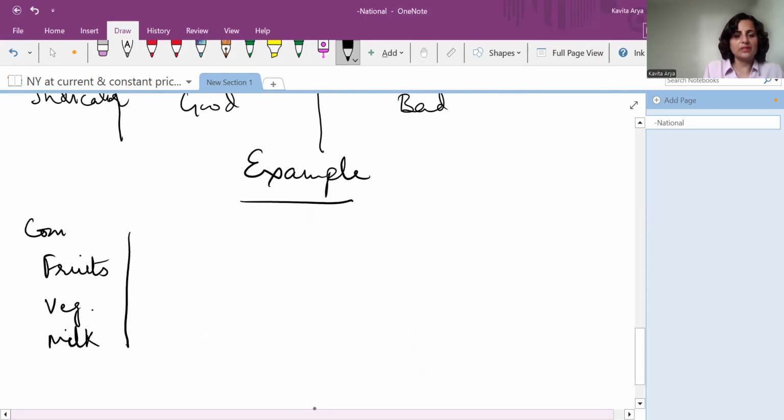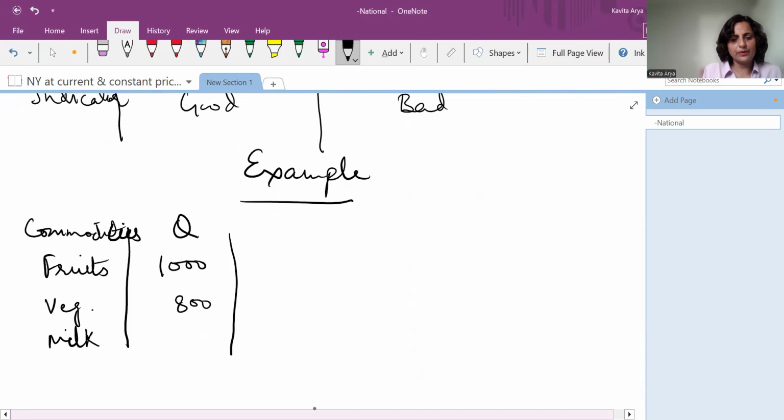So the heading becomes commodities. Then we talk about the quantity. Say 1000 units of fruits are produced, 800 units of vegetables, and say 500 units are produced for milk. Now, this is the current production.